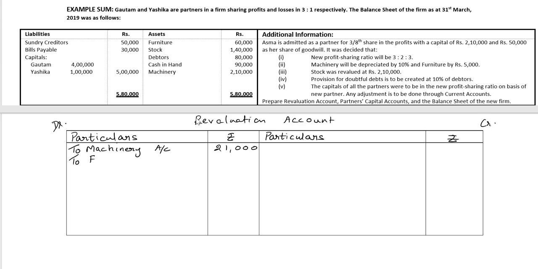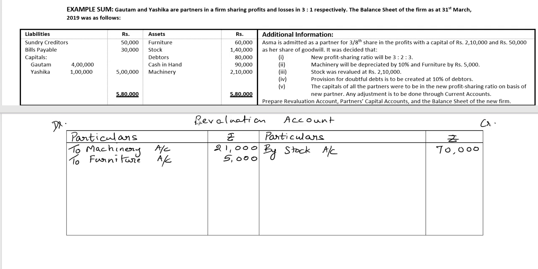So to furniture account, ₹5,000. Third point, stock was revalued at rupees 2,10,000. The book value of stock in the balance sheet is 1,40,000. There's an increase of rupees 70,000 in stock. So by stock account 70,000 rupees.